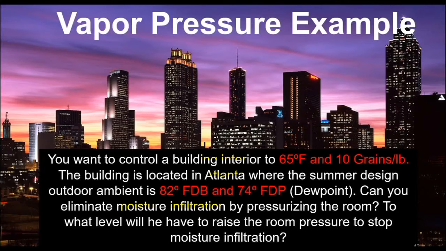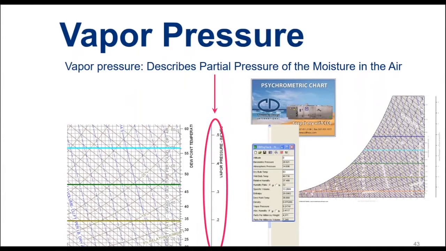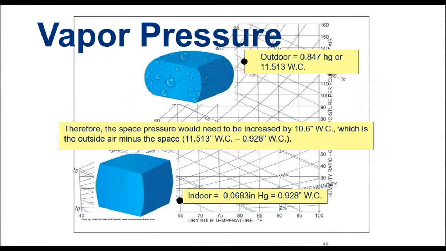Or ask the question a different way, to what level would we have to raise the room pressure to stop moisture infiltration? Well, this is a pressure question, so we're going to look for the vapor pressure of these two conditions. The outdoor condition here, 82 degrees and 74 wet bulb, has a corresponding vapor pressure of 0.847 inches of mercury.